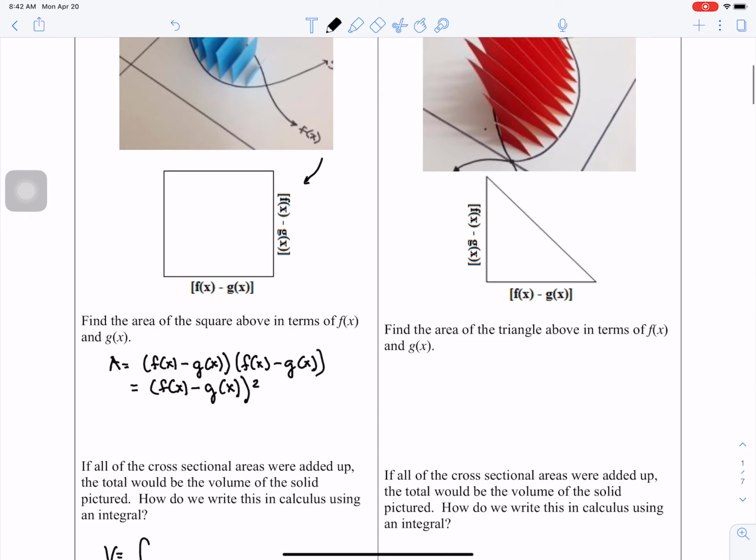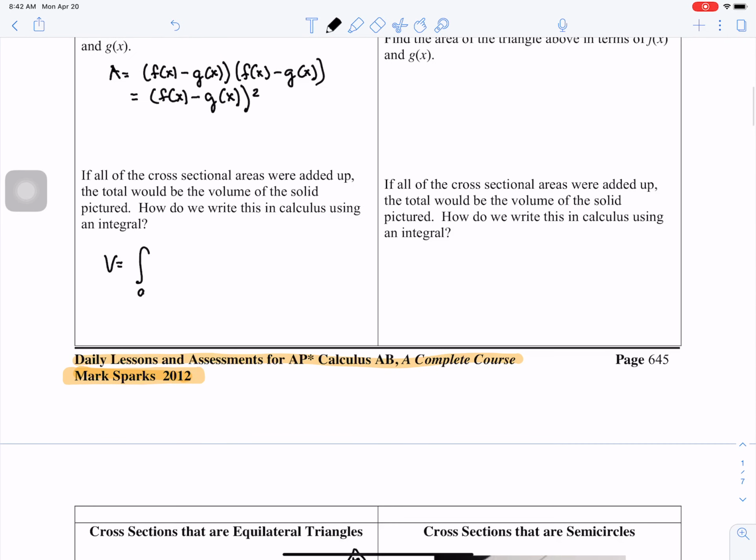So for example, let's say the shading goes from a to b on the x-axis, and then I integrate the area of one piece over that entire region with respect to x.